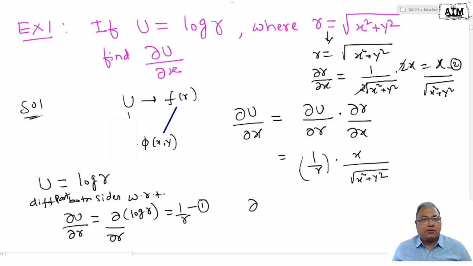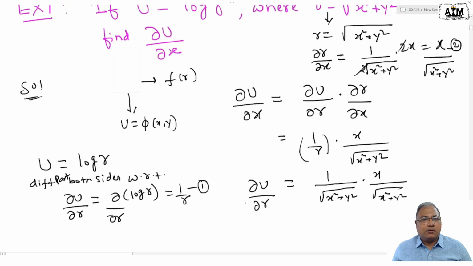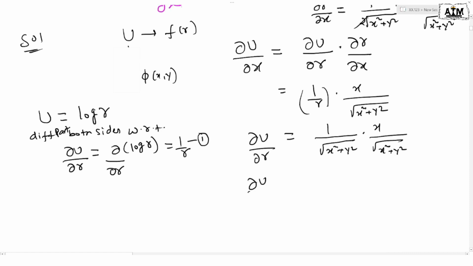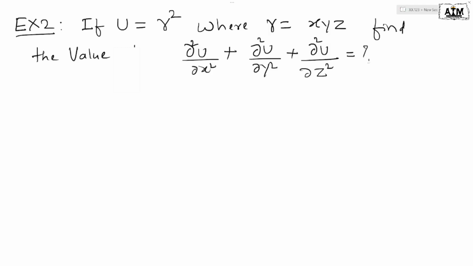Now putting back the value of r, that is under root of x square plus y square, multiplied by x upon under root of x square plus y square, which on simplification gives the partial derivative of u with respect to x equals x upon x square plus y square.